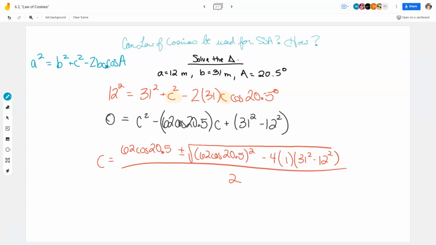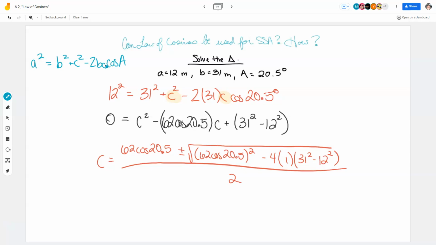So I had to have my c squared, that's unknown. I had to have my 2b. What I did is I rearranged. That 62 with the cosine is my coefficient for my c. Does that make sense?